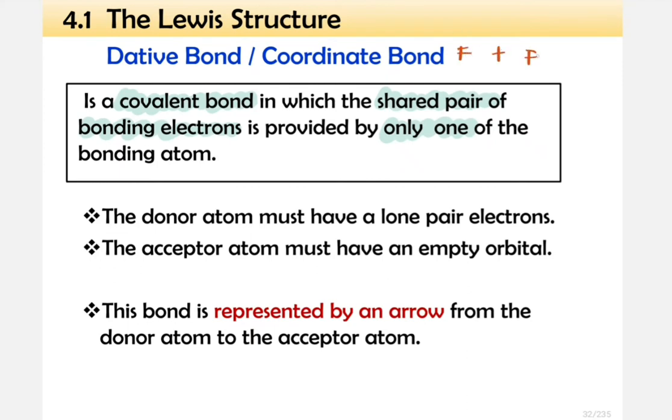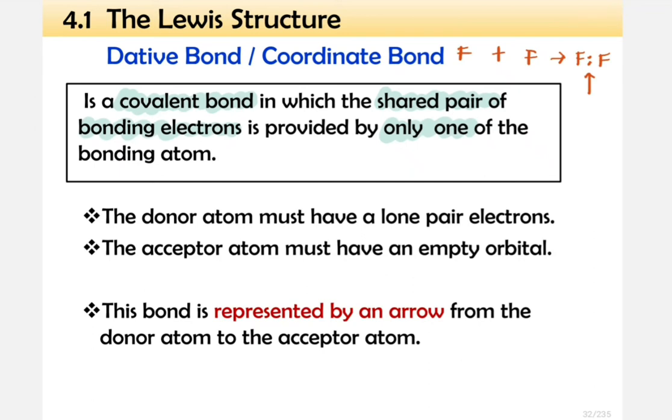Okay, so ini contoh covalent bond yang kita dah belajar. Fluorine akan bawa satu elektron, another fluorine ini akan bawa satu lagi elektron, and then diorang akan share, menghasilkan covalent bond. Ni covalent bond, share elektron kat sini kan?